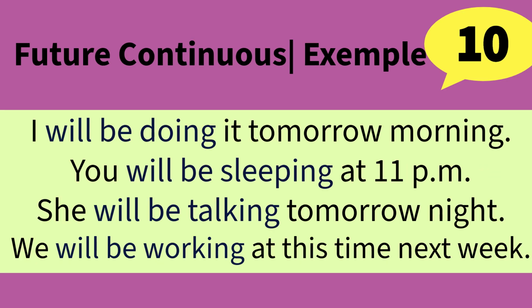Let's take a look at some examples. I will be doing it tomorrow morning. You will be sleeping at 11 p.m. She will be talking tomorrow night. We will be working at this time next week.